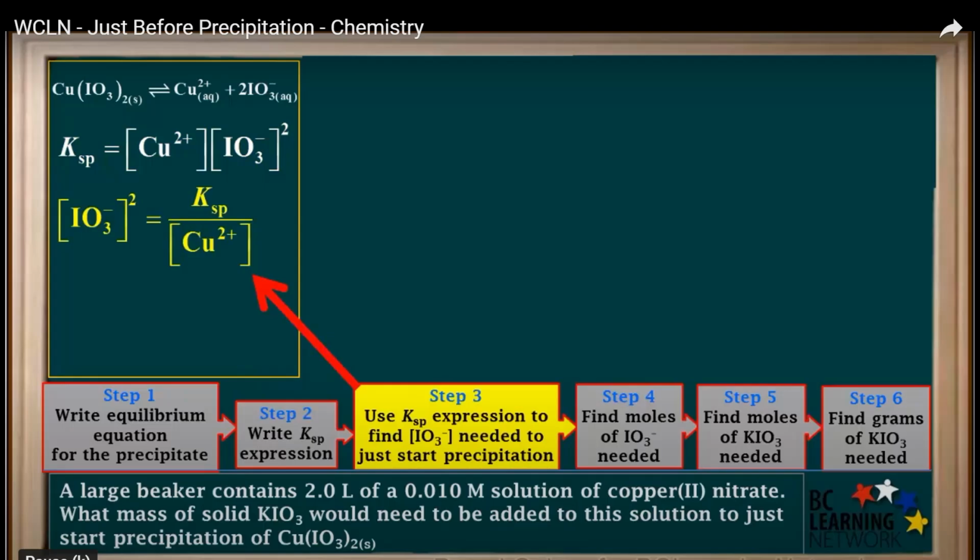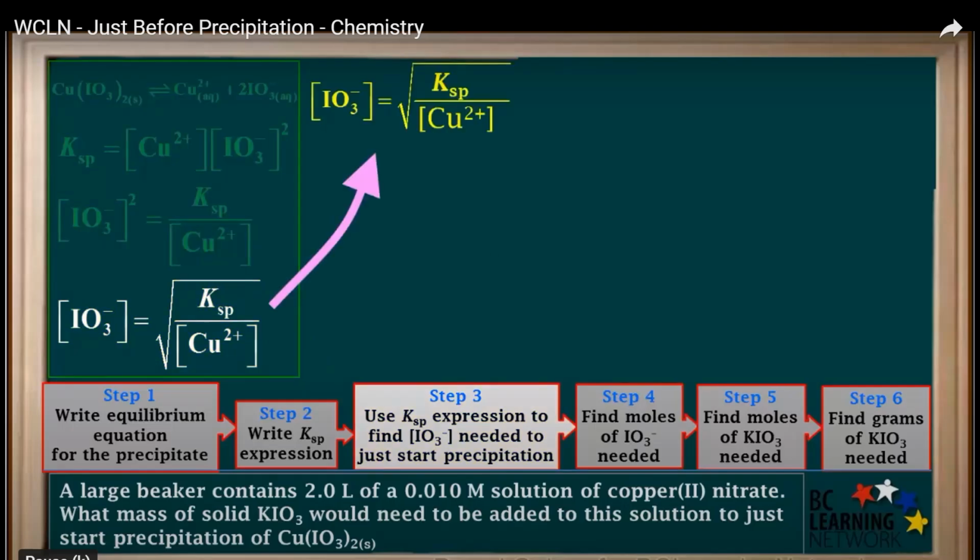In step 3, we want to find the concentration of IO3 minus. We start by rearranging the KSP expression to solve for the concentration of IO3 minus squared. Taking the square root of both sides gives us the concentration of IO3 minus is equal to the square root of KSP over the concentration of Cu2 plus. Now you can either do this square root process over top of the symbols, or you can put in the numbers first, solve, and then take the square root afterwards. It doesn't matter.